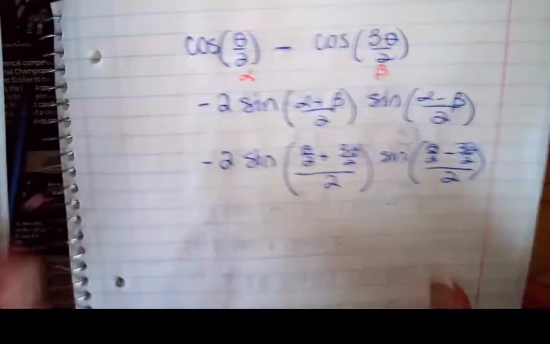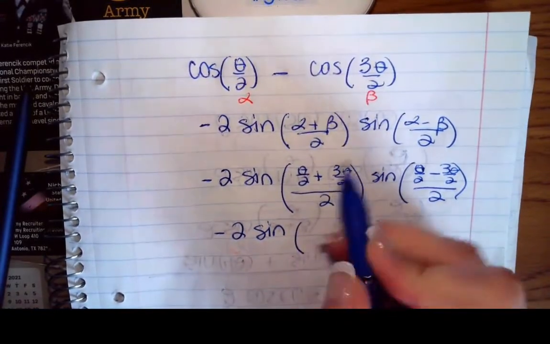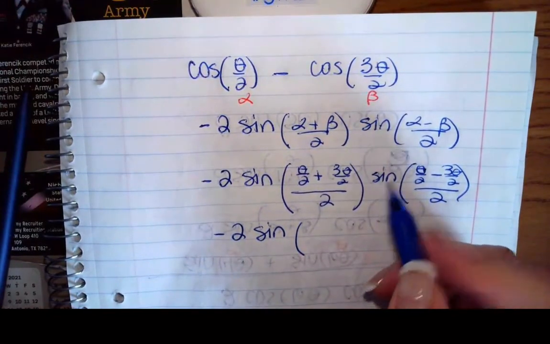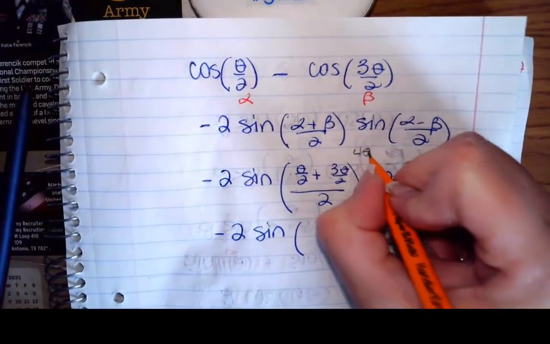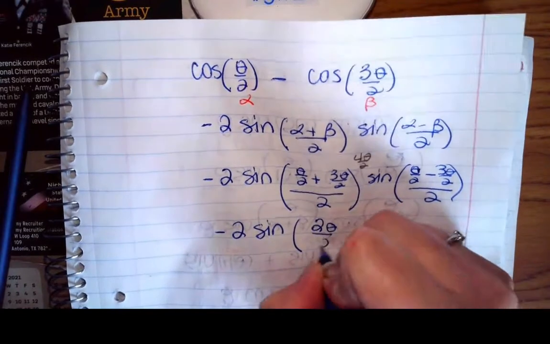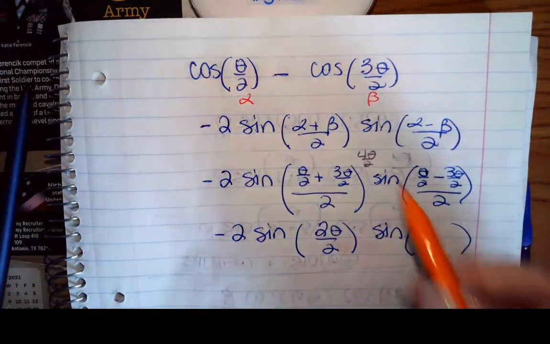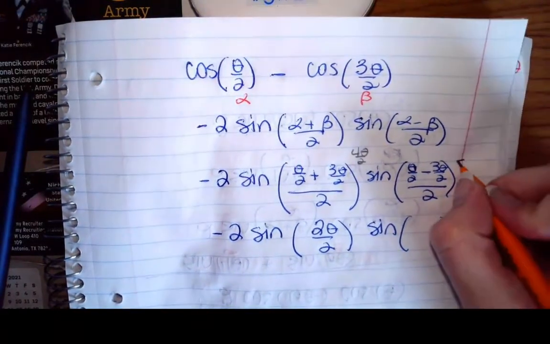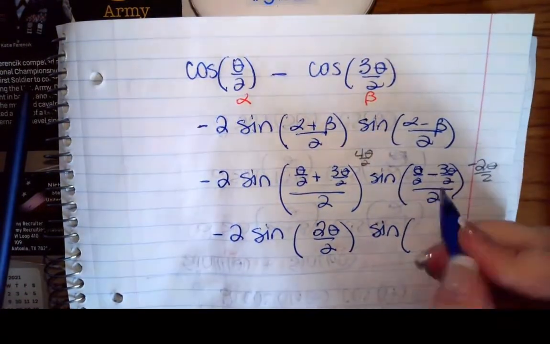Okay, so what does that give me? I've got a negative 2 times the sine of theta over 2 plus 3 thetas over 2, which is 4 thetas over 2, which reduces to 2 theta. And then the sine of theta over 2 minus 3 thetas over 2 is negative 2 thetas over 2, which is negative theta.